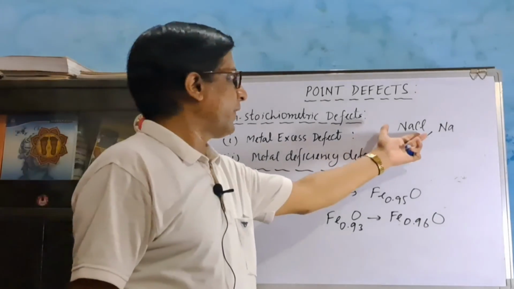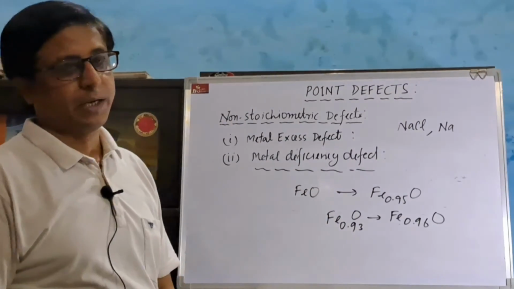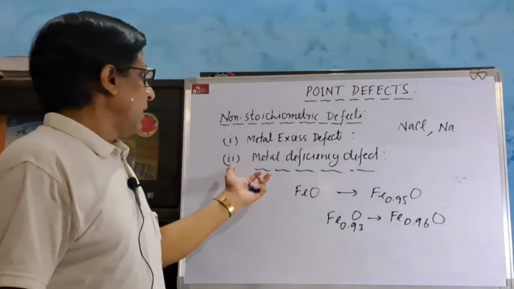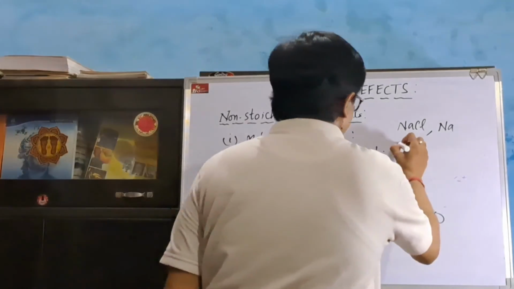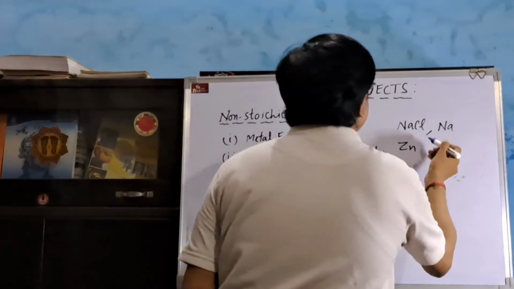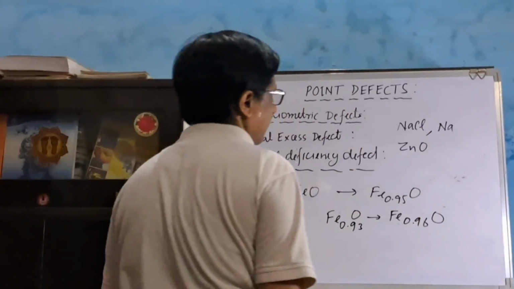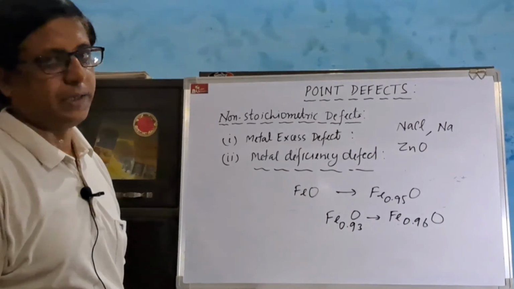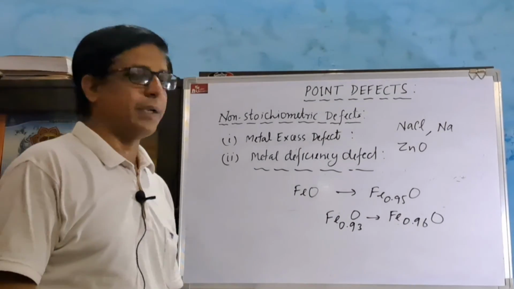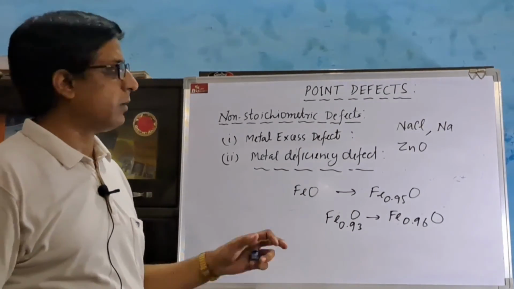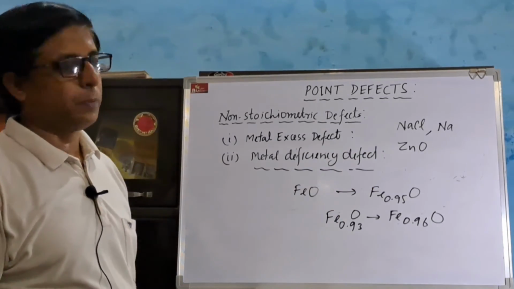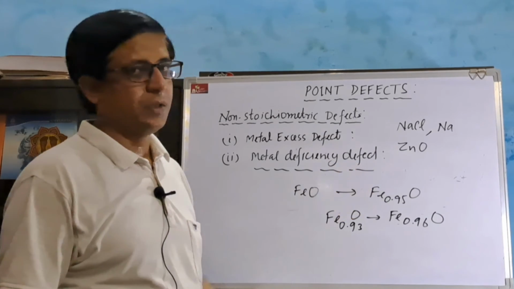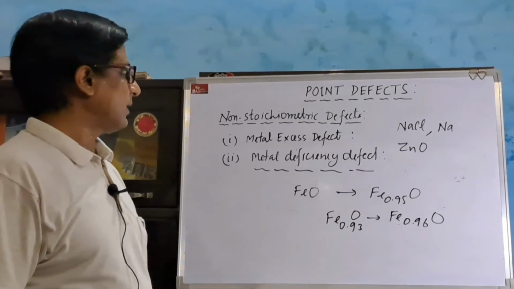Similarly, metal excess defect can be due to the removal of oxygen. For example, in zinc oxide, when it is heated, oxygen is liberated in the form of oxygen gas, and metal becomes excess and occupies the interstitial position, so it changes its color.